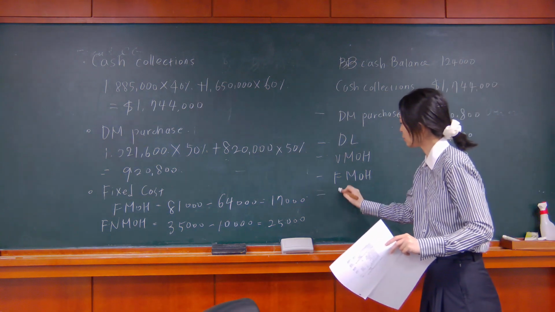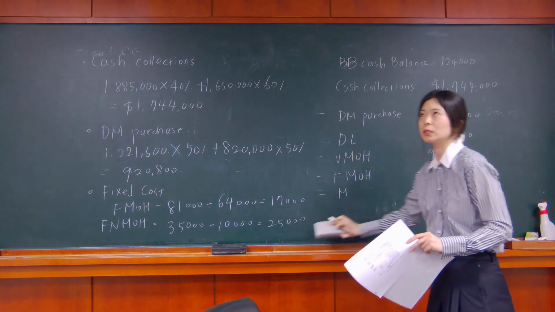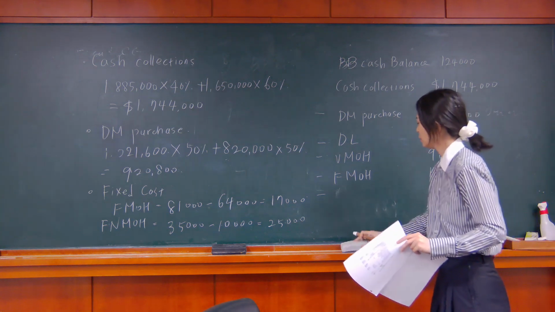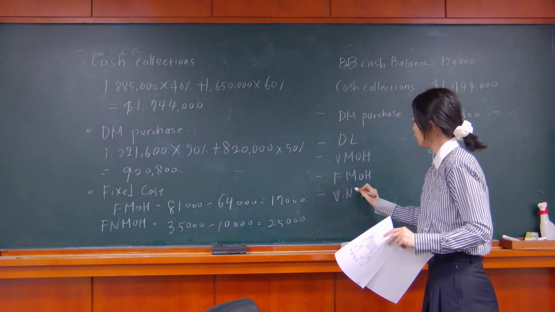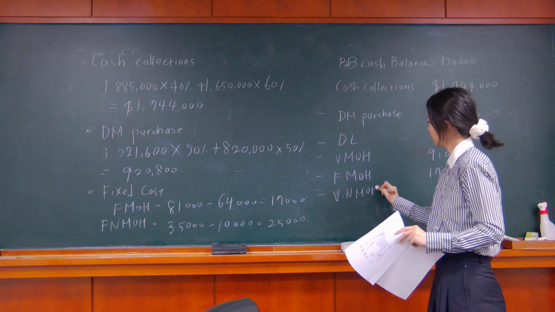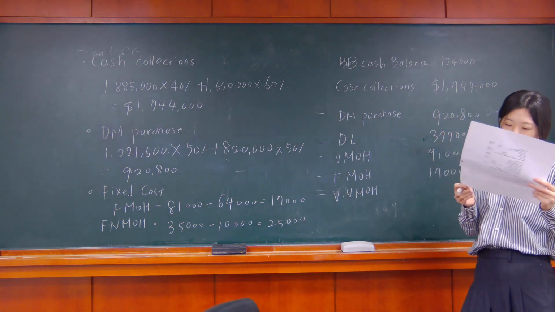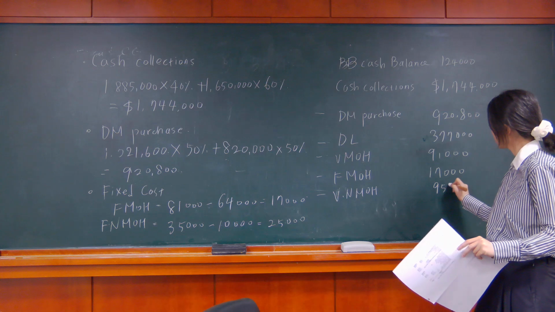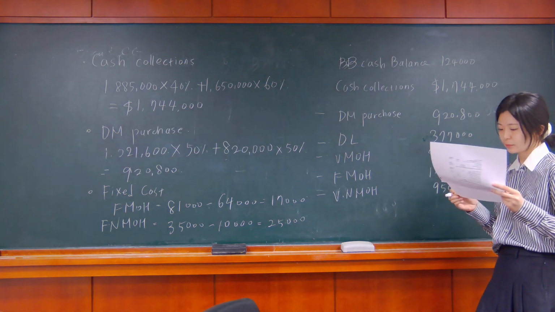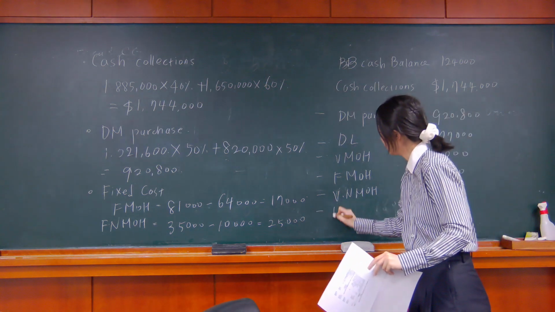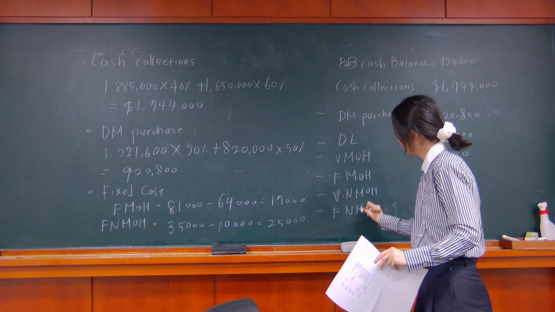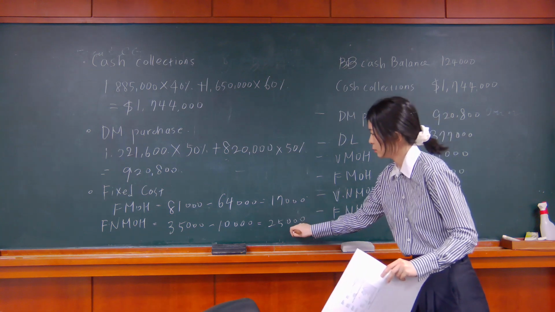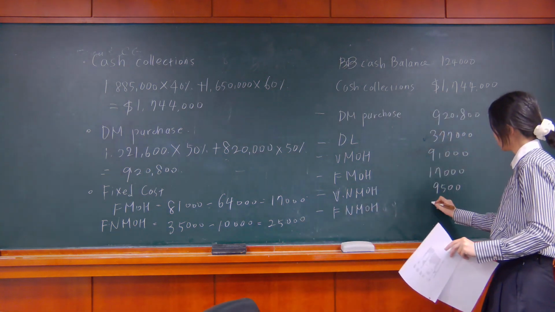And then we also have marketing. Let me just use it as variable non-manufacturing. So if you recall, this was 9,500. And then for the fixed NMOH, we are using this number, 25,000.